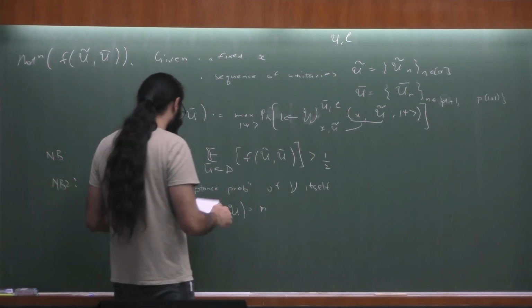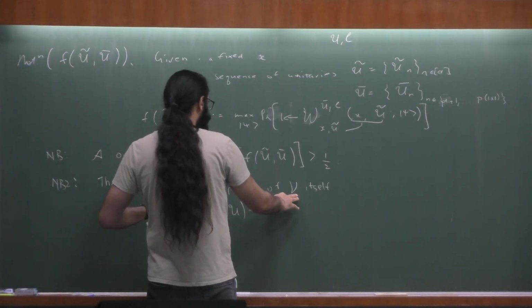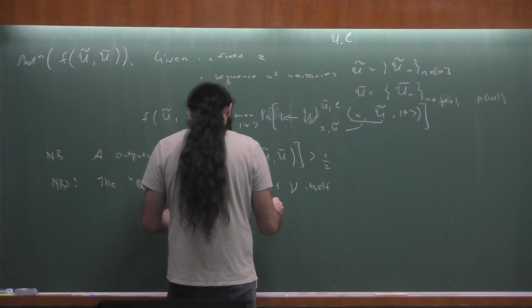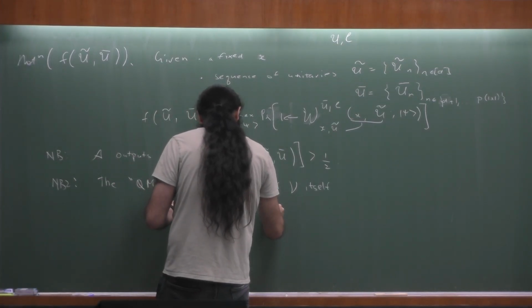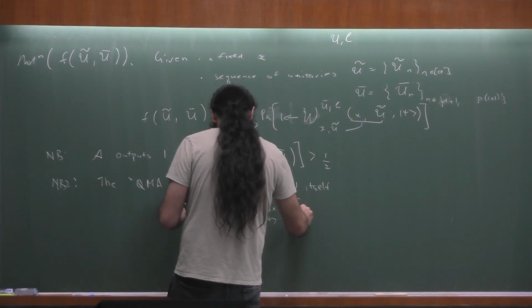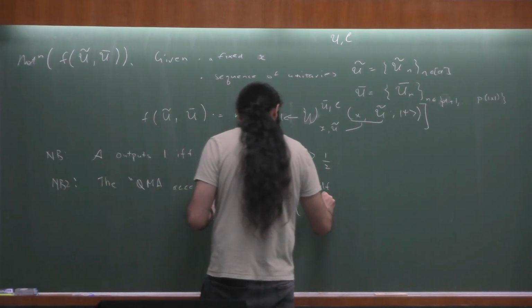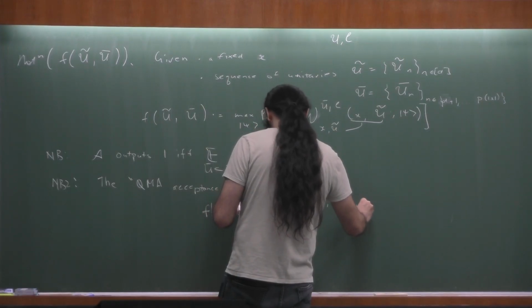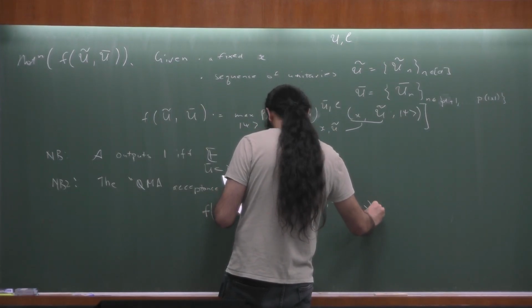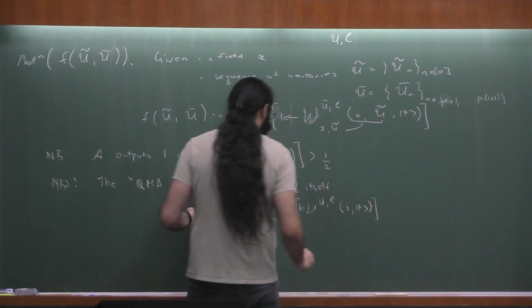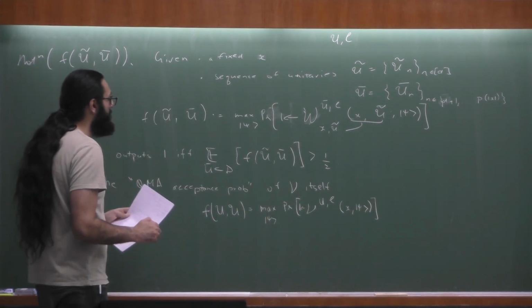And so if you have the verifier for the original QMA problem, then one can write it in this notation as follows. So it would be max over psi of the probability that verifier U, C, x, psi accepts.